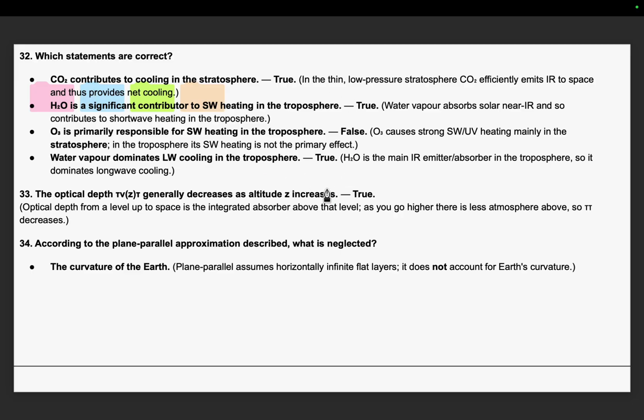Excuse me, ma'am. Yes. Options 2 and 4, I think they are contradictory. Option 2: water vapor is actually a very strong infrared emitter, and option 2 is for shortwave, not longwave. Yes.